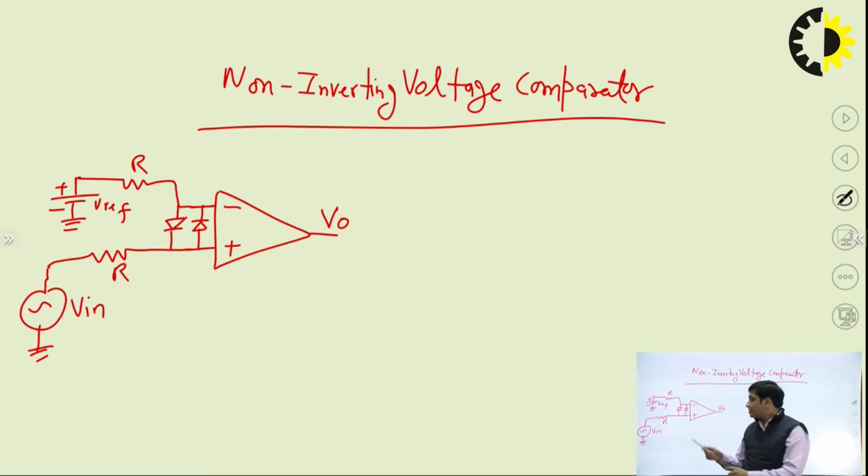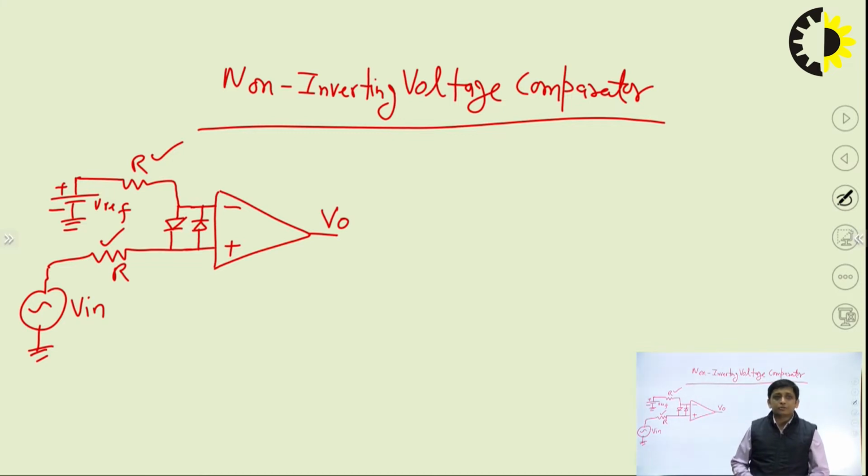And the function of this resistance R connected at the non-inverting terminal is to limit the current flowing through the diode, to protect the diode. And the other resistor R connected at the inverting terminal is just to minimize the offset problem. So these are the functions of these resistors R.